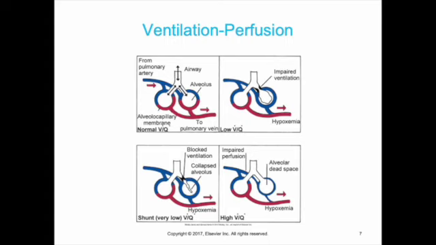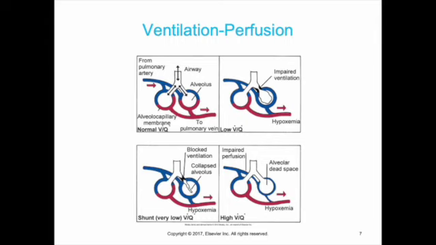And this type of mismatch occurs in patients that have atelectasis, or asthma caused by bronchoconstriction. Patients with pulmonary edema and pneumonia will also have low VQ, and therefore they will have a VQ mismatch.